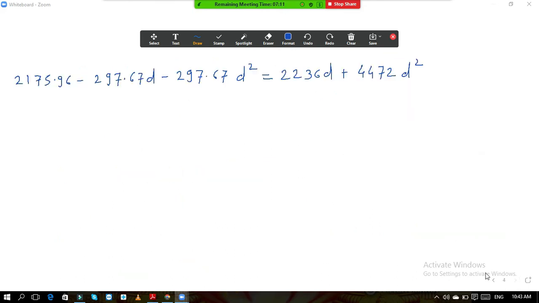Okay, it is correct. So now solve this equation and let me know the value of D.